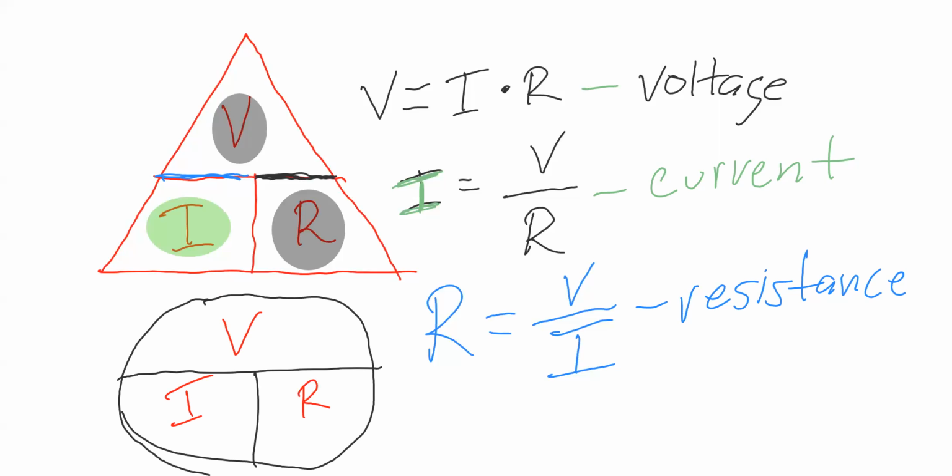Okay, and again, you draw this on your paper or anything that you're working on, it's a great point of reference. You cover the V, it's like multiplying right here, I times R. You cover the I, it's like dividing V over R. Cover the R is dividing V over I. Same thing applies with the circle below.